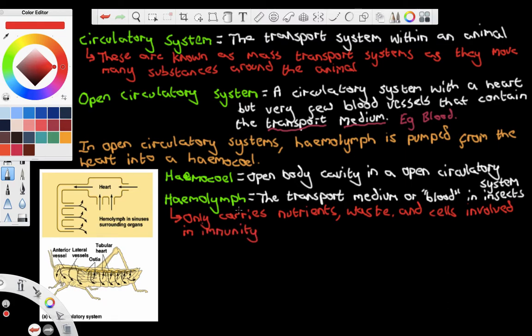Now, this is different to your blood. The blood in mammals is slightly different because the blood in mammals also carries oxygen and CO2 from the lungs to the cells of the body, or vice versa. Hemolymph does not carry oxygen or CO2.